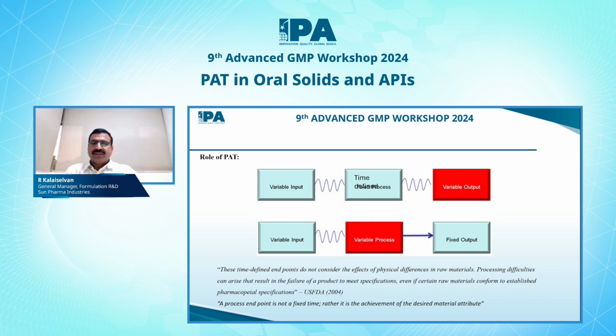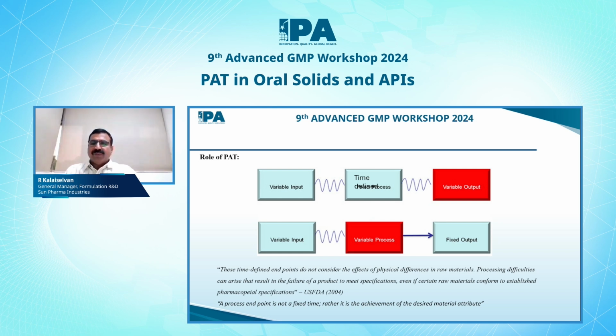We can see here the diagrammatic explanation of variable input resulting in variable output quality. There is a variation in the CMA, critical material attributes, of raw materials, which can vary, for example, high moisture content in one lot of lactose and smaller particle size in another lot of lactose. So particle size may vary or moisture may vary. Because of particle size variation or moisture variation, the blending time may not be similar. It can also vary. So that's why we get variable output quality.